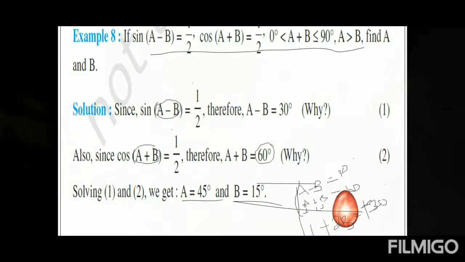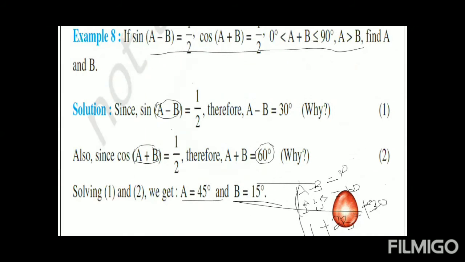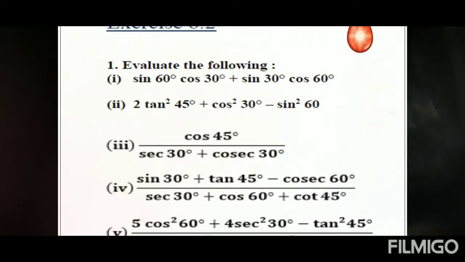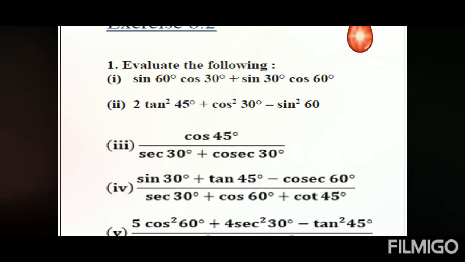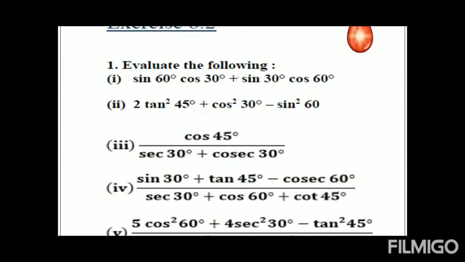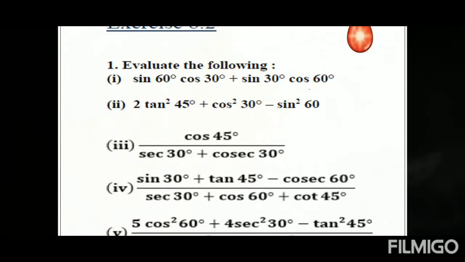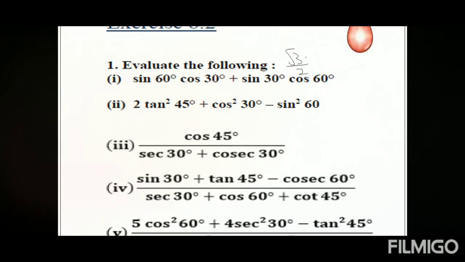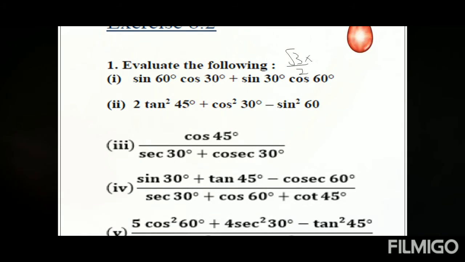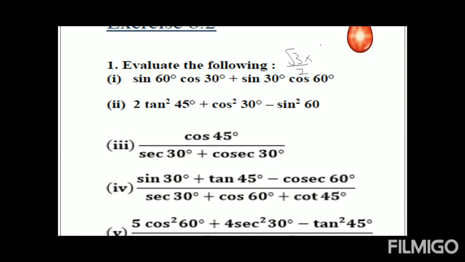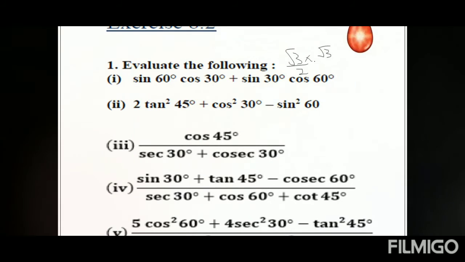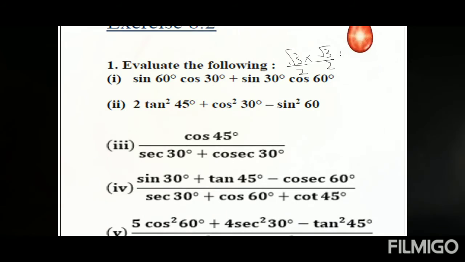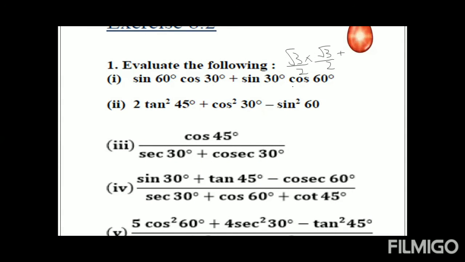So let's move into exercise 8.2 for today. Evaluate the following: sine 60 degree into cos 30 degree plus sine 30 degree into cos 60 degree equals what? So what is sine 60? Sine 60 is root 3 by 2. Into cos 30. Cos 30 is root 3 by 2. Plus sine 30. What is sine 30?